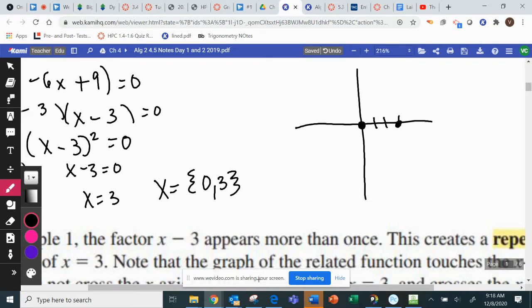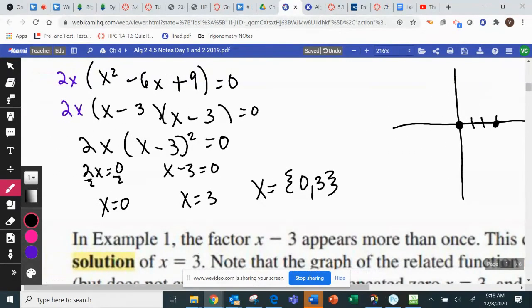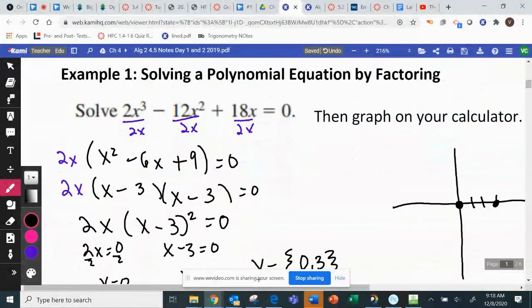Some more information that I can get from this equation is what we did in section 4.1. End behavior. So I'm going to look at the degree, and I'm going to look at the leading coefficient. The degree of this equation is 3. Is that odd or even?